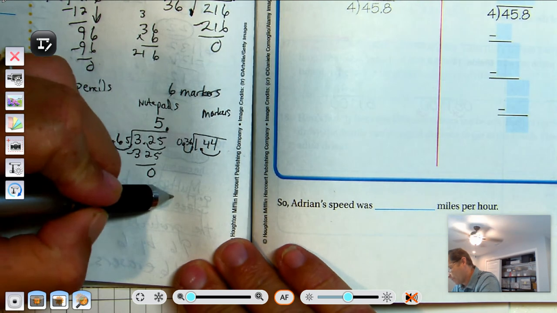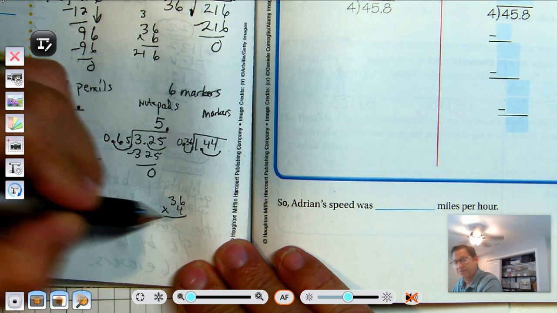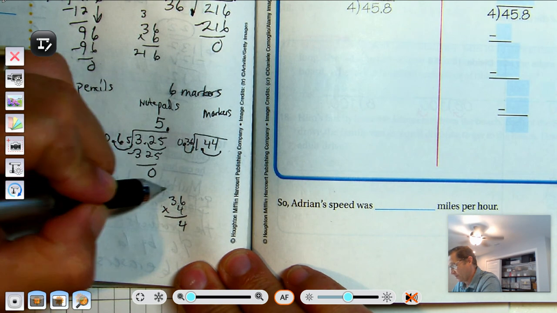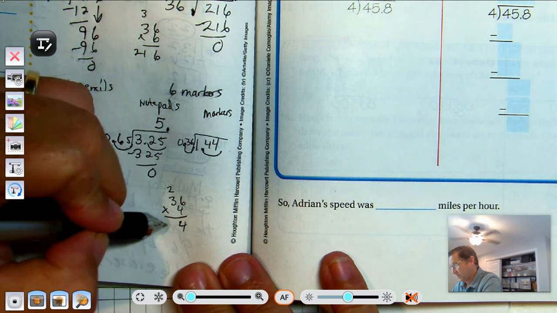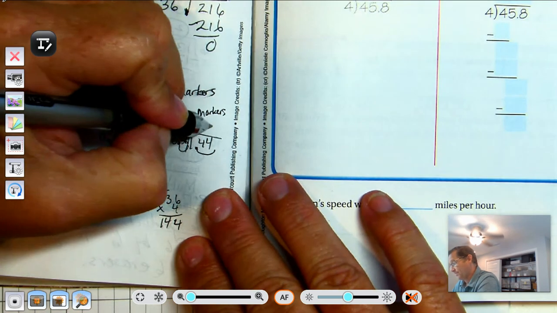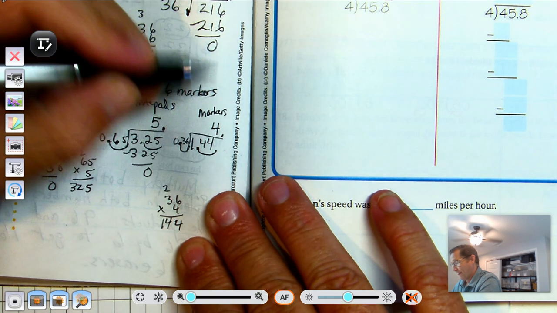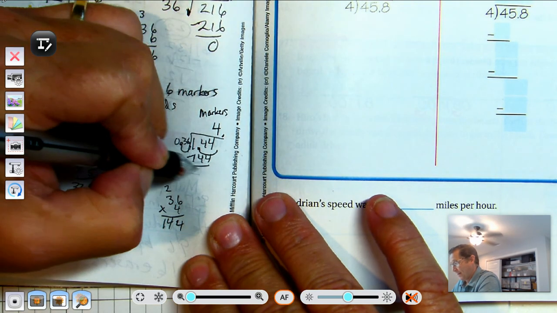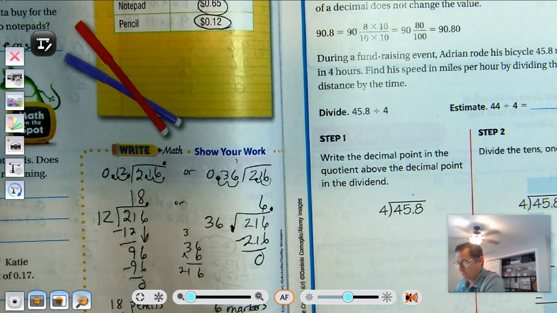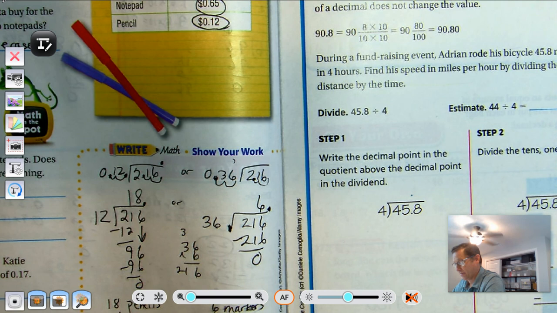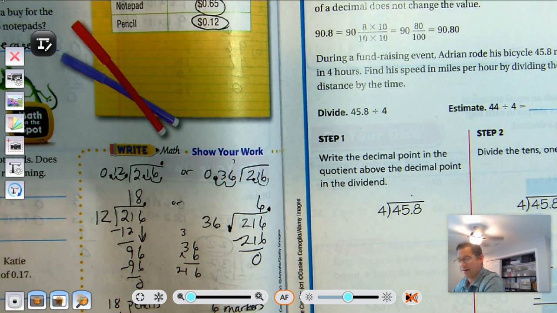Let's try 4. 36 times 4. 4 times 6 is 24. 4 times 3 is 12, plus 2 more, 144, so 4. So 5 plus 4 equals 9 items.